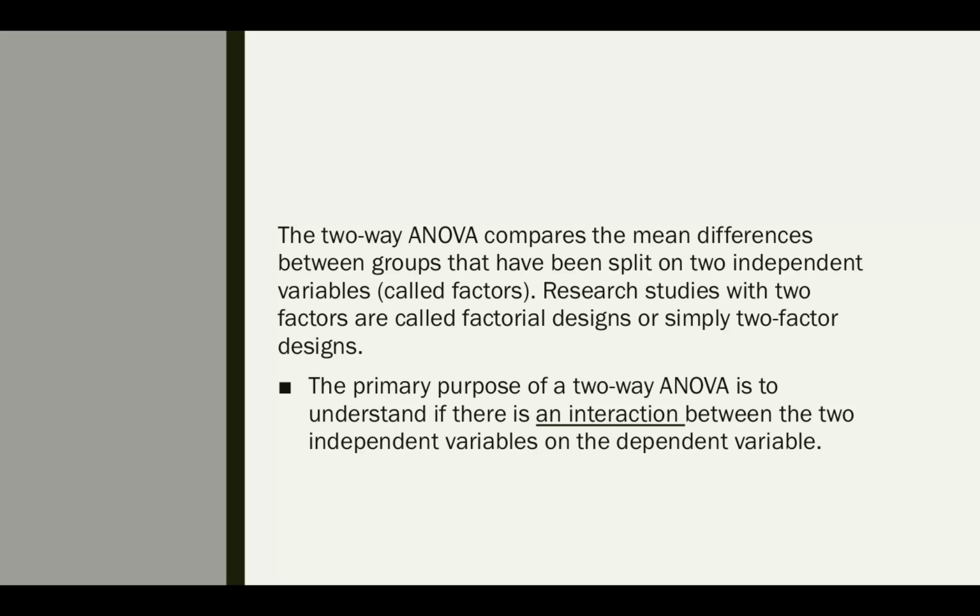Okay, so the primary purpose of a Two-Way ANOVA is to understand if there really is an interaction between the two independent variables on the dependent variable. The word interaction is going to be really important when we're looking at two-factor designs, two-factor ANOVAs.